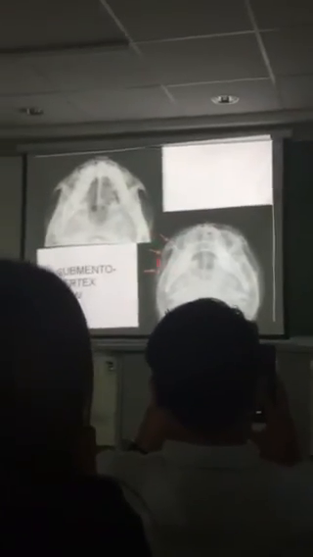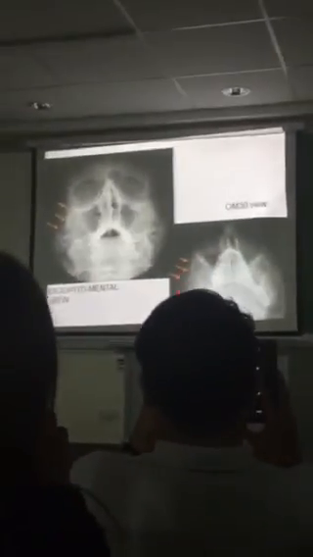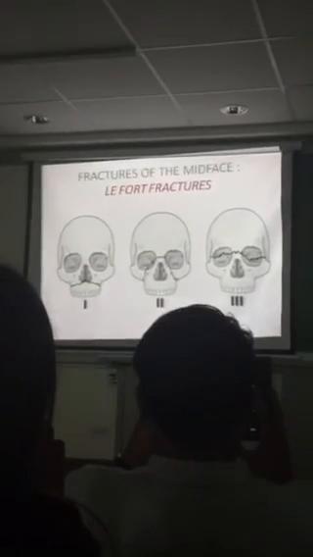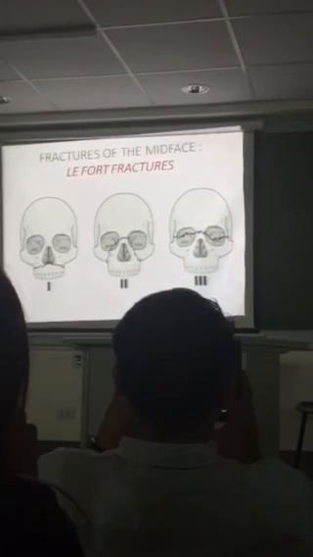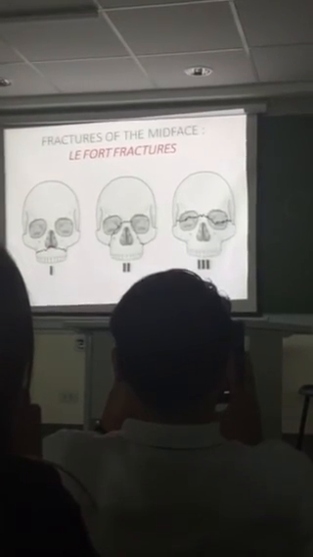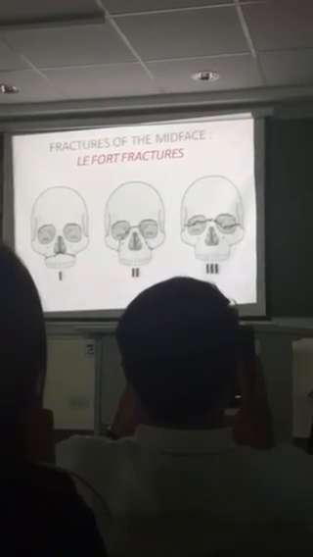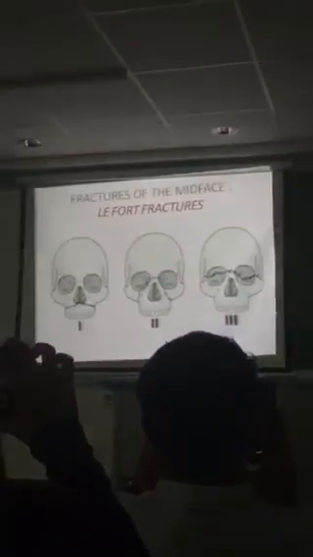As you can see here, what's the laterality again? Right. So we have a fracture here. Occipitomental, also on the right. And then for the Le Fort, you know how to differentiate Le Fort 1, 2, and 3. Okay, so 1 is just here. So 1. And then 2. There. Then 3.